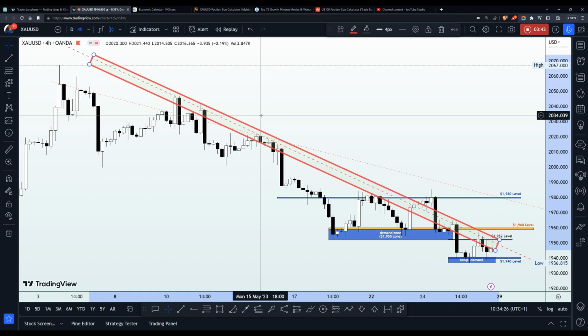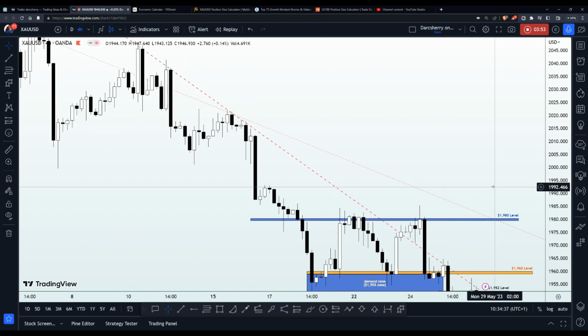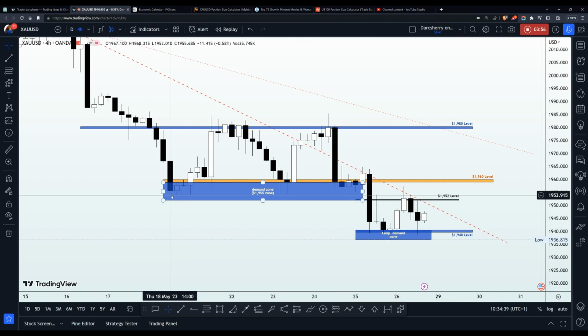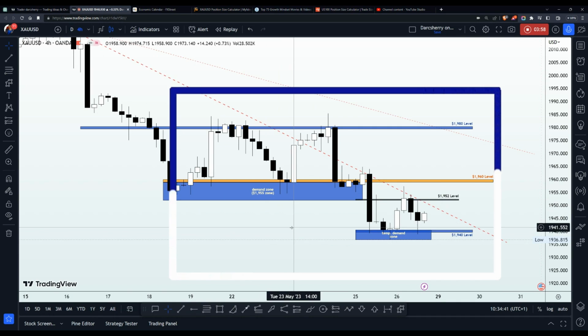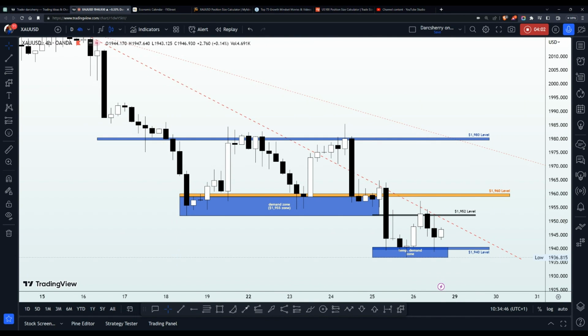Because of the fact that price action has been bearish in this market, we have no other choice than to start thinking of selling opportunities, of course. But if we zoom into what has been happening here in the last couple of weeks, you will see that I was able to identify a couple of key levels that we are going to be using to guide our trading activity this week.